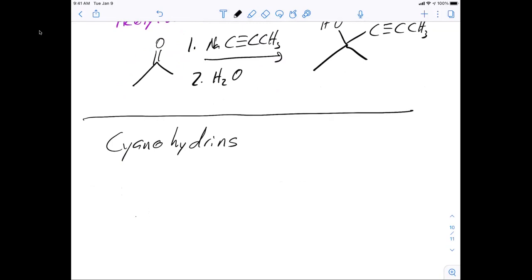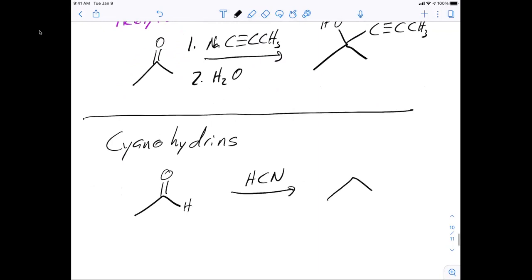Cyanohydrins are slightly different. If we take hydrogen cyanide and react that with an aldehyde or a ketone, I can end up with a cyanohydrin.